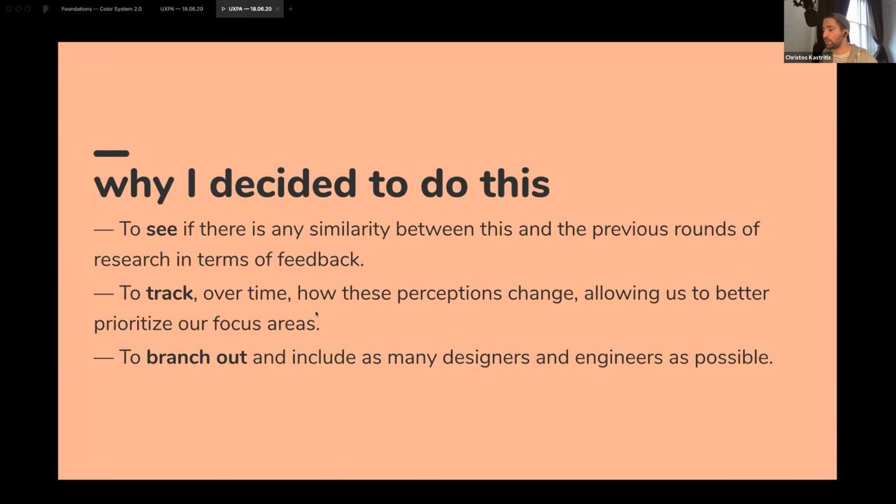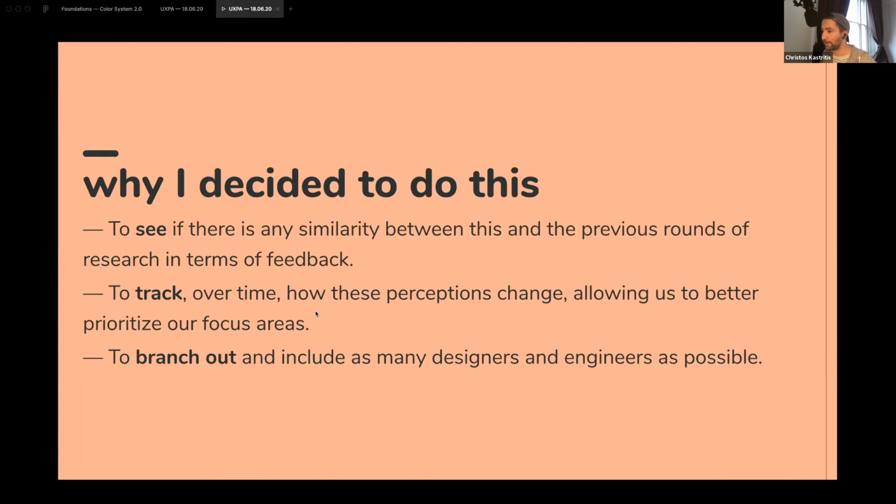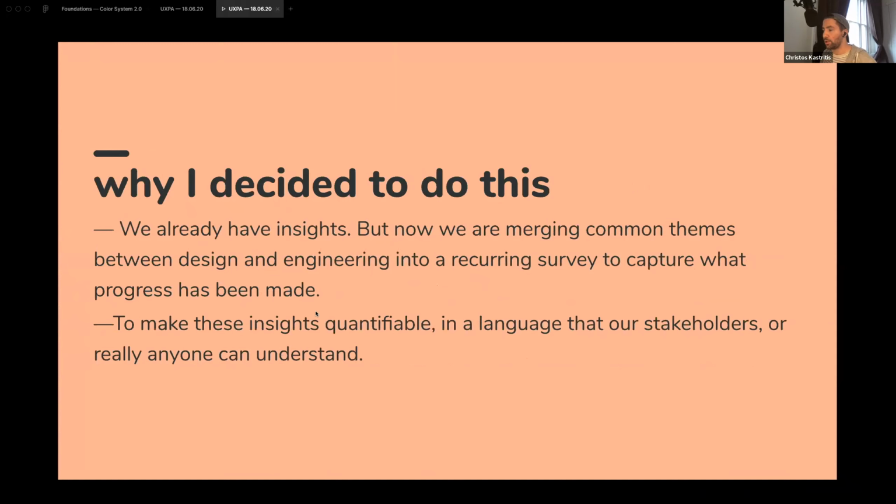But really just to branch out and include as many designers and engineers as possible, right? The interviews focused on a smaller set of engineers, but now we wanted to include everyone. We already have a lot of insights, but now we're at the point where we really want to merge these themes from designers and engineers into this baseline survey and capture that progress that's been made.